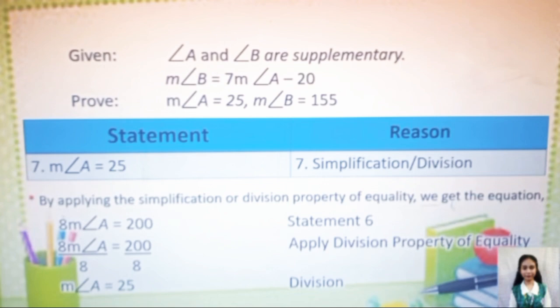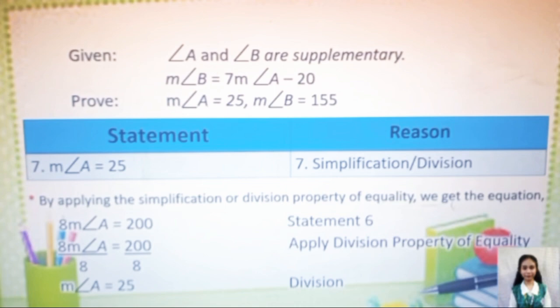By applying the simplification or division property of equality, we get the equation 8 measure of angle A is equal to 200, found in statement number 6. 8 measure of angle A equals 200, so 8 measure of angle A over 8 equals 200 over 8.